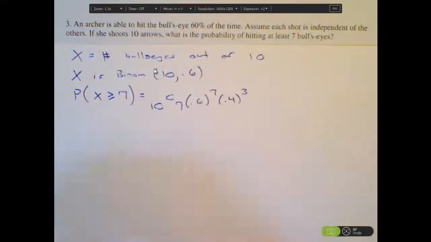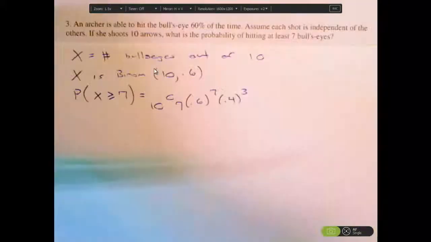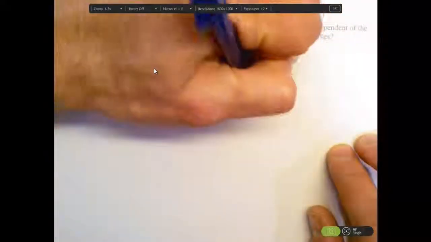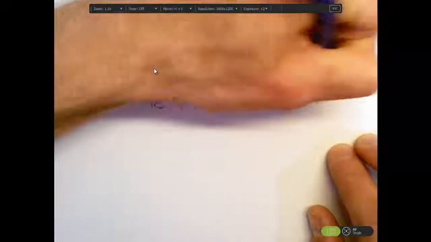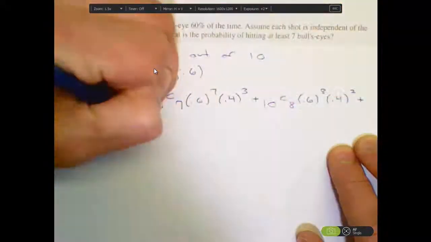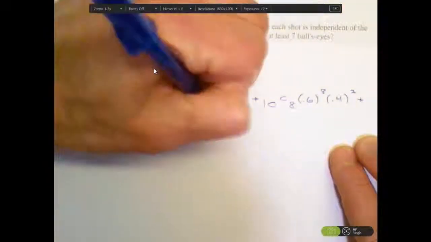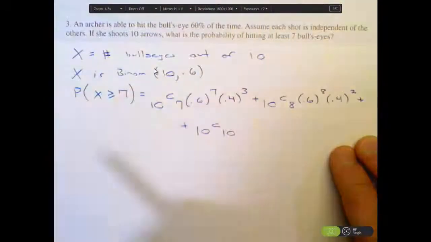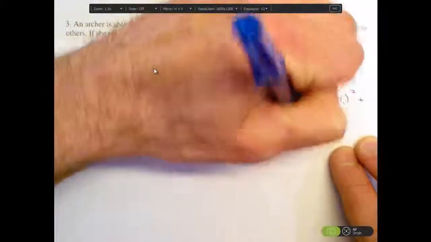Again, I'm using the formula right off my green sheet here. Plus 10 choose 8. 0.6 to the 8th. 0.4 to the 2nd. Plus dot dot dot. Plus my last formula is going to be 10 choose 10. 0.6 to the 10th, 0.4 to the 0.